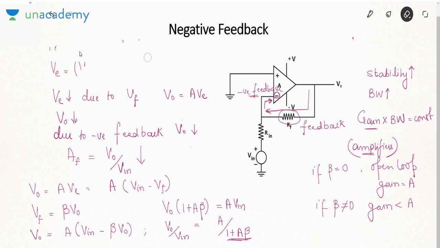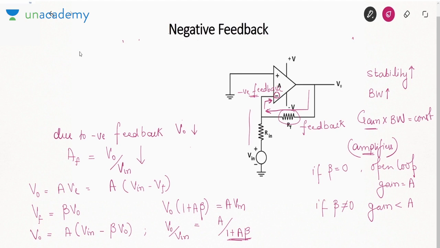See, this amplifier, which kind of amplifier is it? Check. The input is connected to the negative terminal. So it is an inverting amplifier. Is my point clear to you? Previously I told you in open loop configuration, if input is connected to negative terminal, it is an inverting amplifier. If input is connected to positive terminal, it is a non-inverting amplifier.